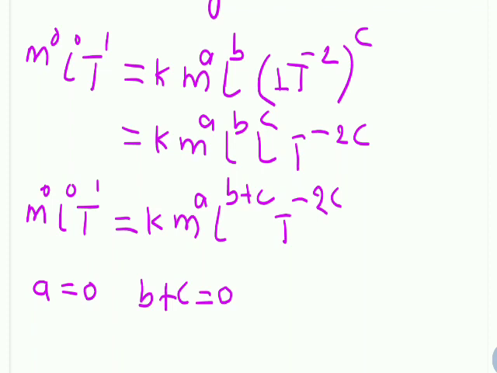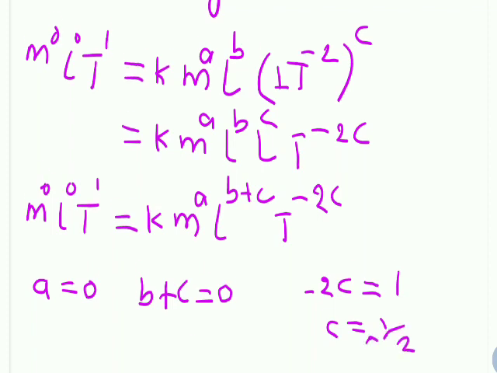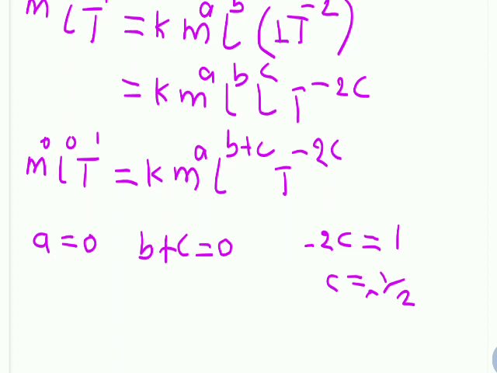Now minus 2C is equal to 1, we get C is equal to minus 1 by 2, B is equal to 1 by 2, and A is equal to 0.